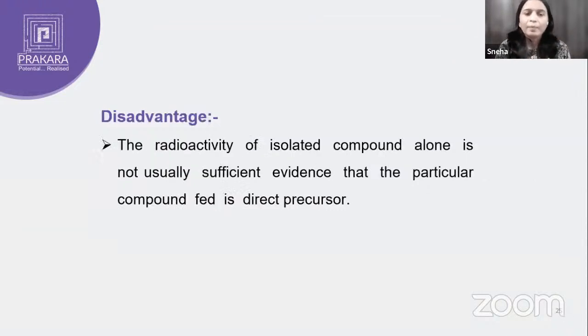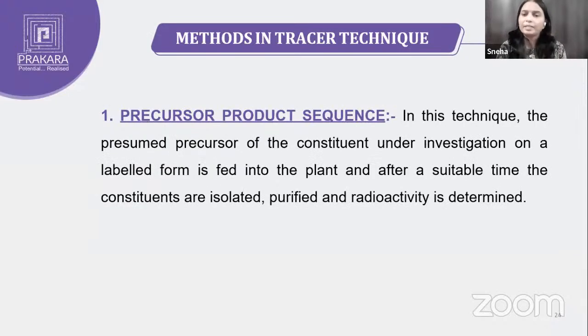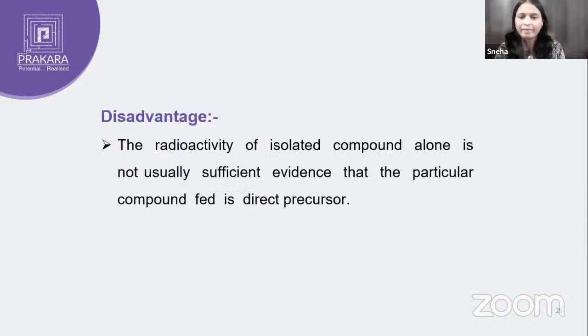That's it. Now, easily we can study the precursor product sequence or biosynthetic pathway by this method, but there is one disadvantage. Radioactivity of the isolated compound alone is not sufficient evidence to say whether it is directly entering into the plant or not.